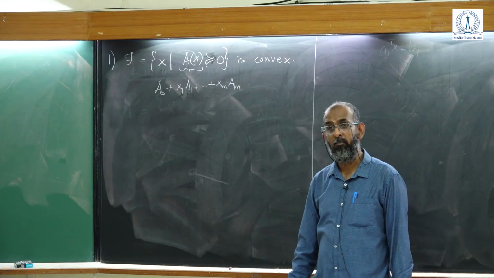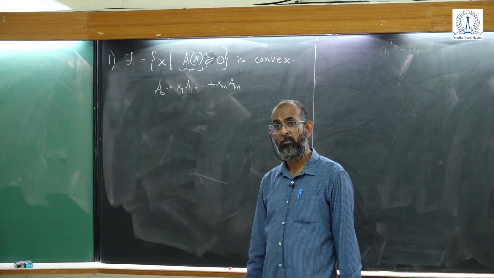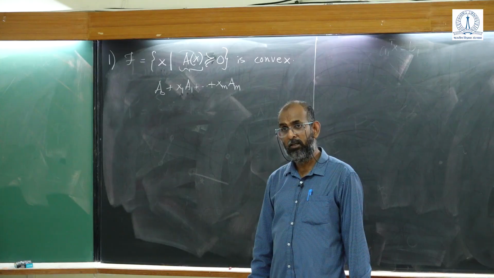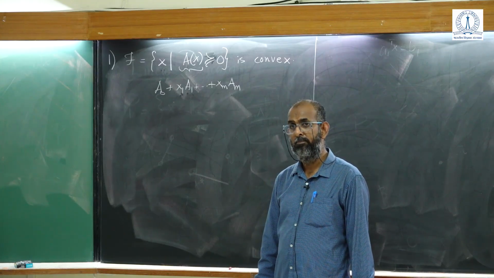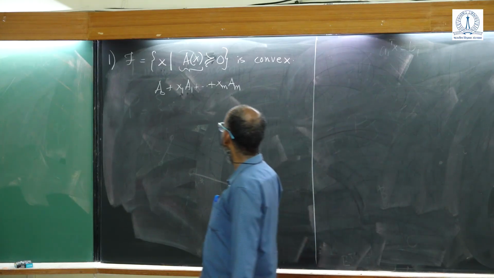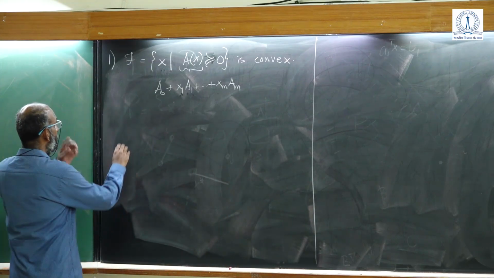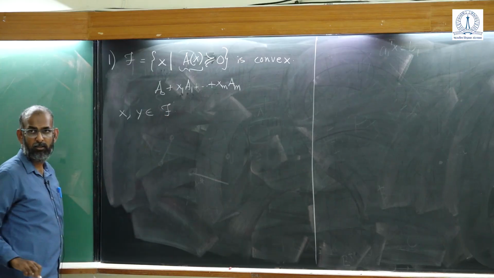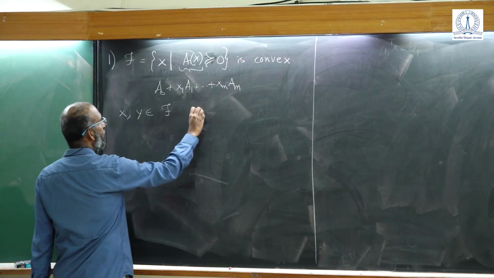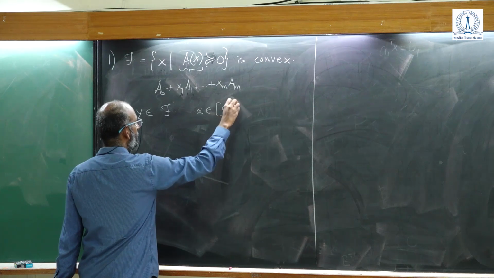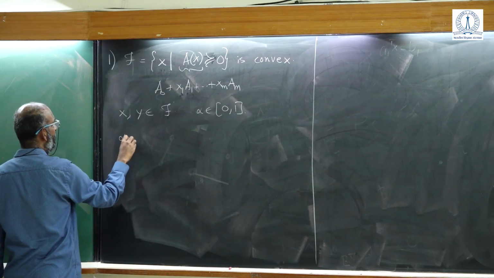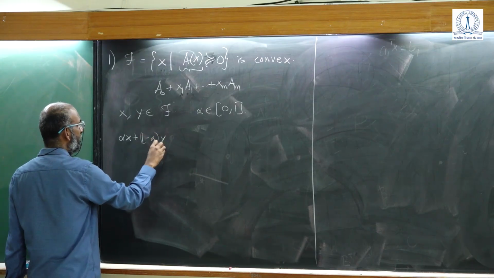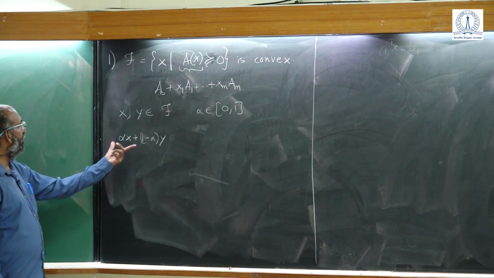Can you use the convex combination with alpha x plus beta y, such that A of that is less than or equal to alpha times A x plus beta times A y? So suppose x and y belong to F, and let us say alpha is in [0, 1]. We want to look at alpha x plus 1 minus alpha y. So what would this mean?